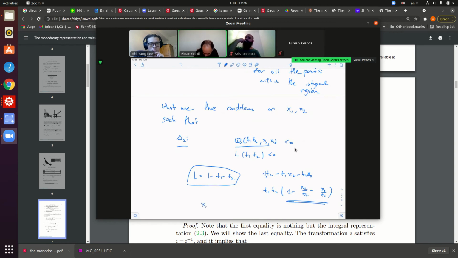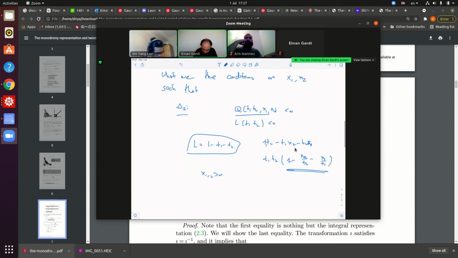Let's assume that X1 and X2 are positive. Then when we go to large T1 and T2, we get positive Q. Okay. So if this is my Q, this part Q is positive, and this part here Q is negative.